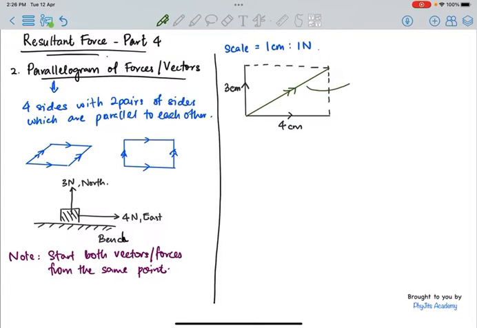For this resultant vector, we should use a ruler to measure the length, and then compare the measured length with the scale that we have. And then you can find the direction.